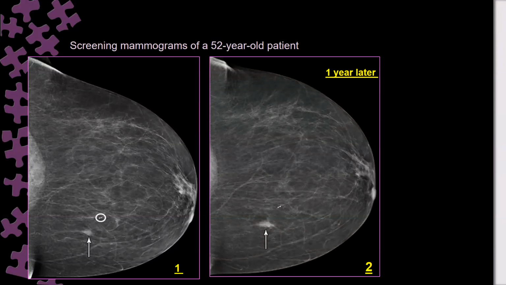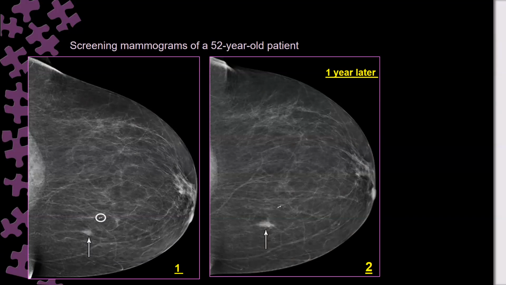Is it an irregular, single image or two hyperdense images? One second. Here you said cranial view of left breast. Have you seen one or two images? Two images of the left breast. You have seen two images.